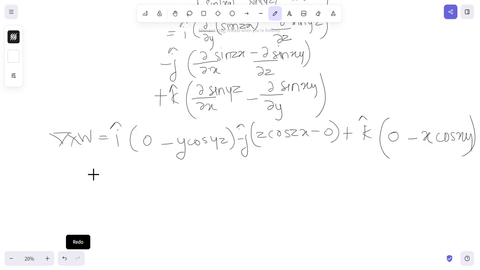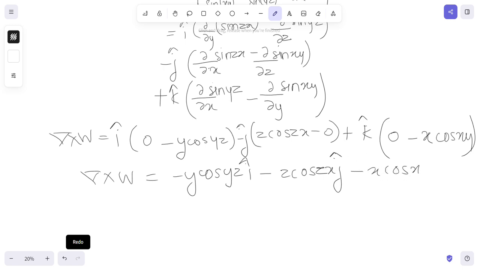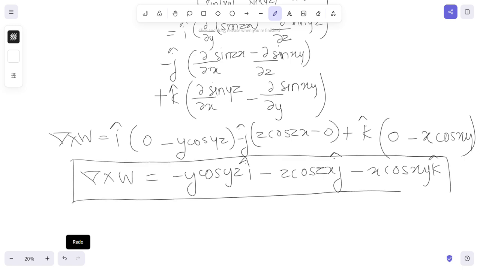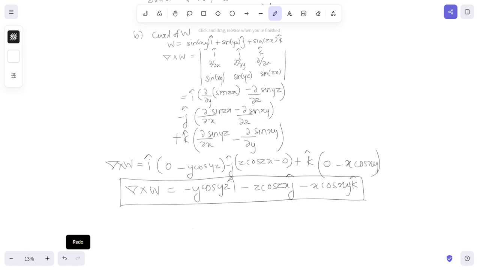So our final answer would be minus y cos yz i cap minus z cos zx j cap minus x cos xy k cap. So this is nothing but the curl of W.